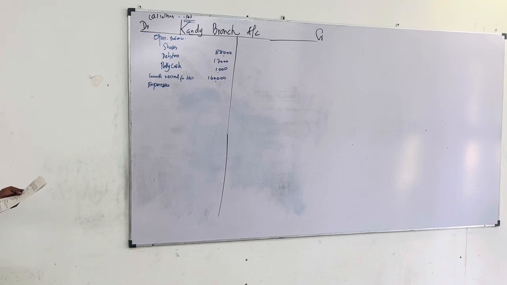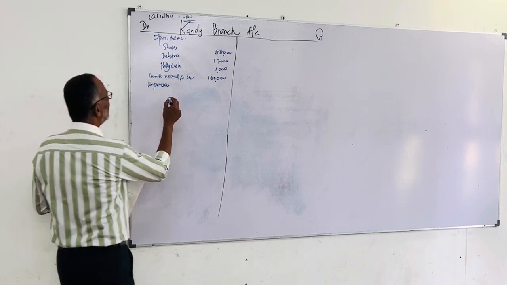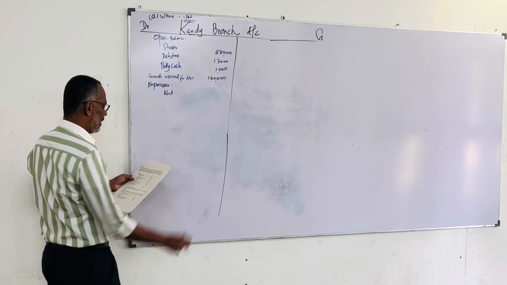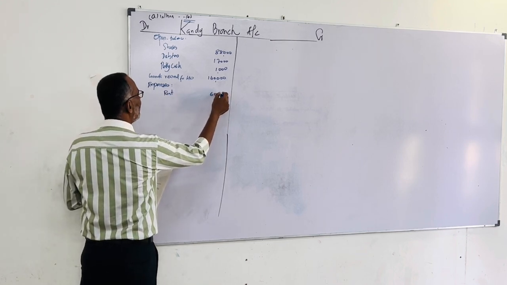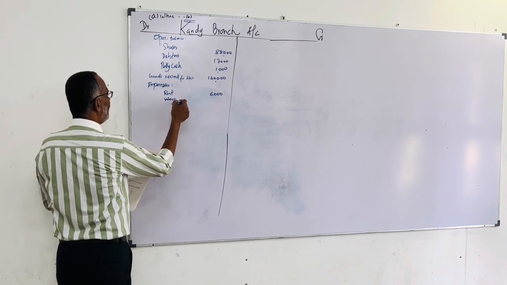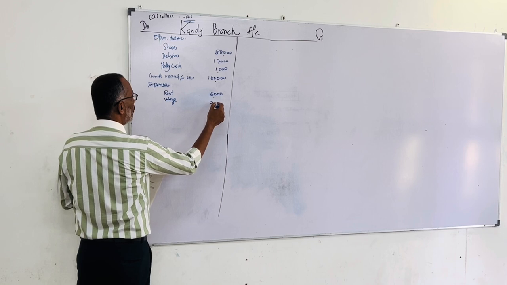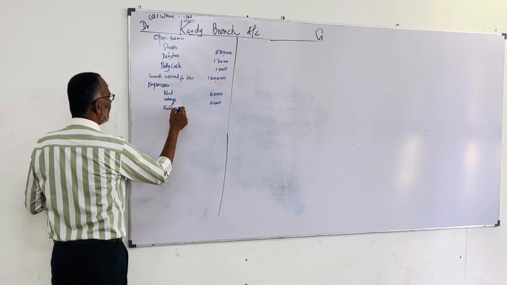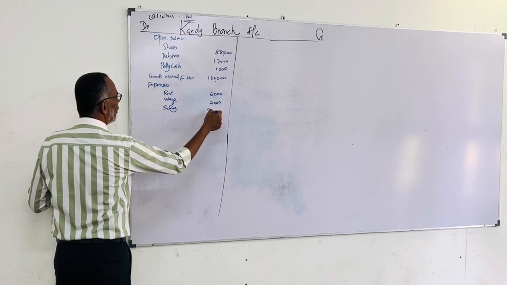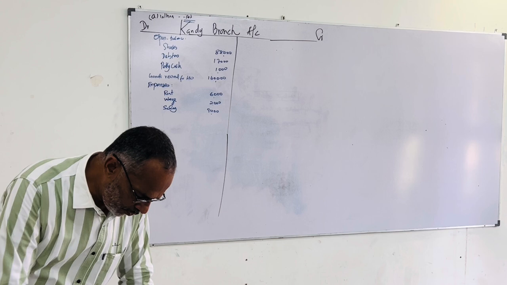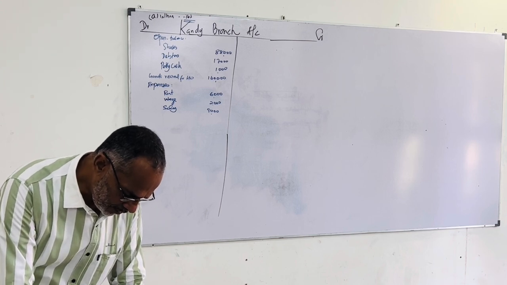Rent is 6,000, no need to translate, clearly given. Wages are also given, 2,000. Next, salary is also given, 9,000. Is it clear? The cash account is credited, and whose account is debited?